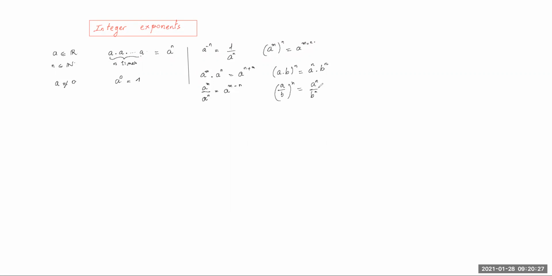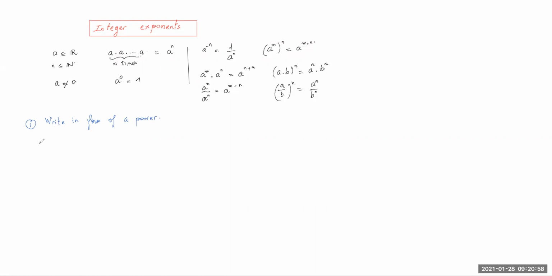Now let's practice some questions related to powers. The first kind asks you to simplify an expression and write it in the form of a power, depending on the expression they are giving you.